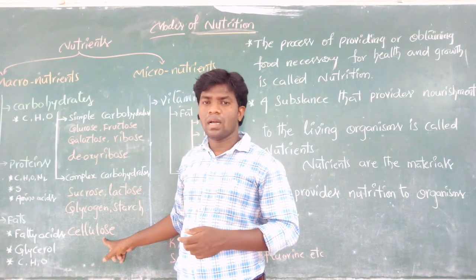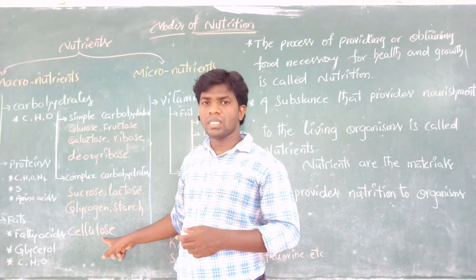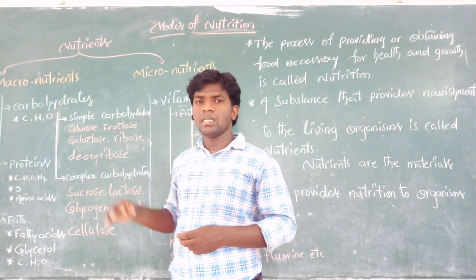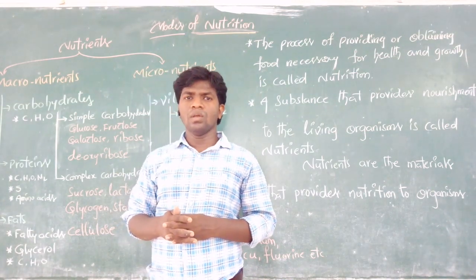Cellulose is unable to be digested in the human body; it is only digested in the animal body. So these are the carbohydrates. Clear? Next, proteins.